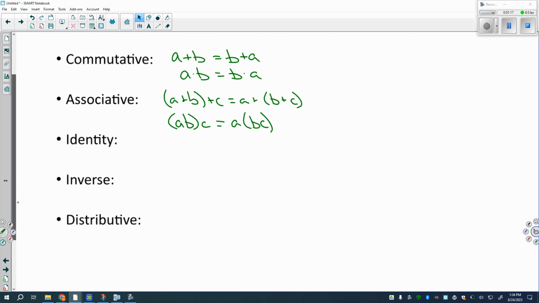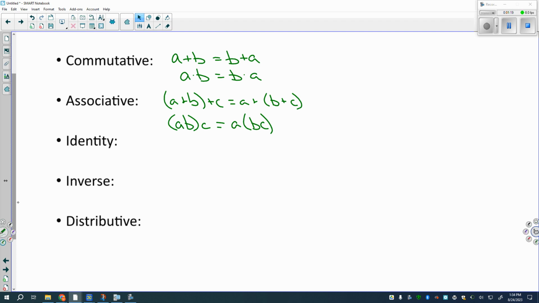The identity property. There's an additive identity, so for addition, it is any number plus 0 gives us that number. The identity is what gives us itself, so it's plus 0.